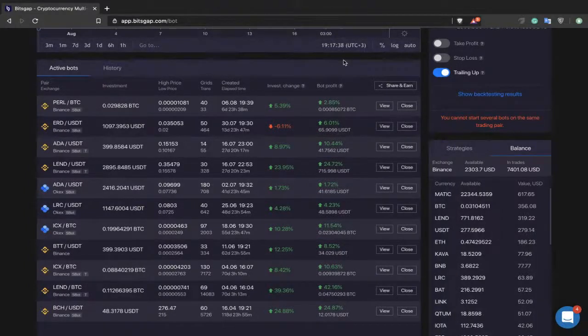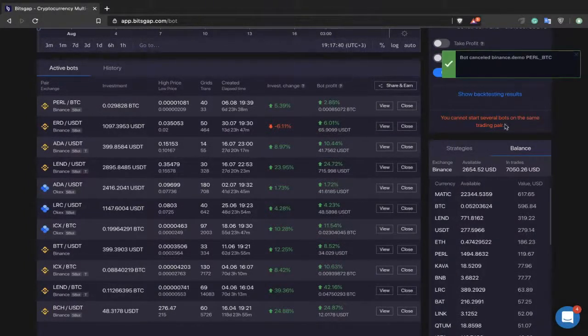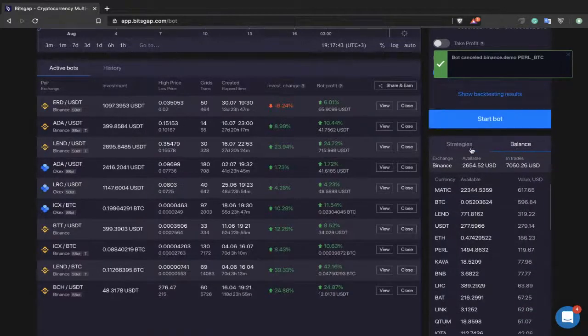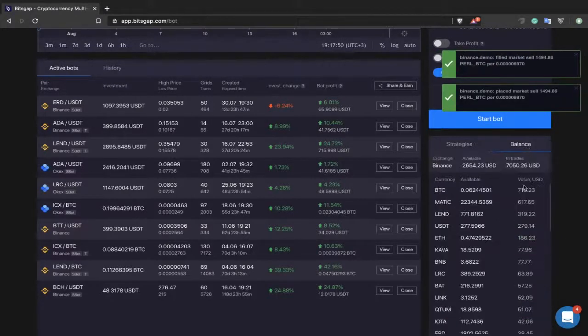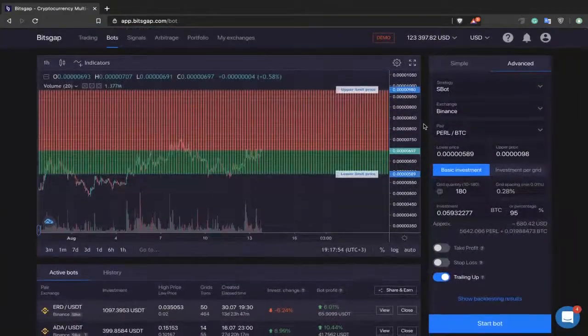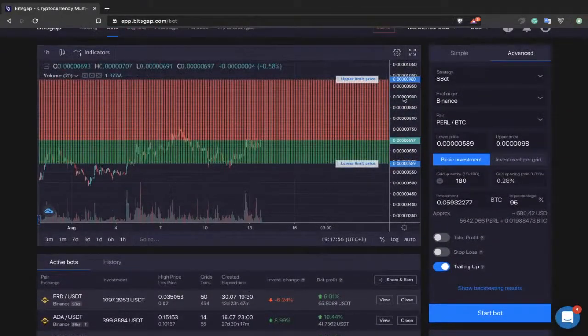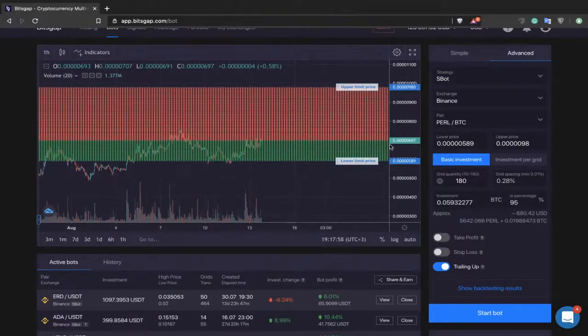All right, let's just abolish this trade to get some free cash. All right, so here we go. Now we have some bitcoins. Here we go, refresh, and now I can once again reconsider opening this trade on parallel trading to Bitcoin.